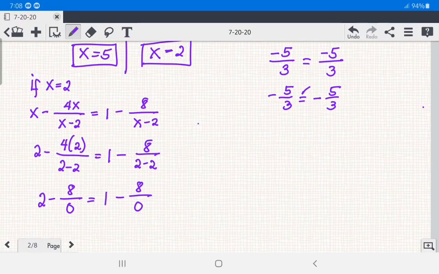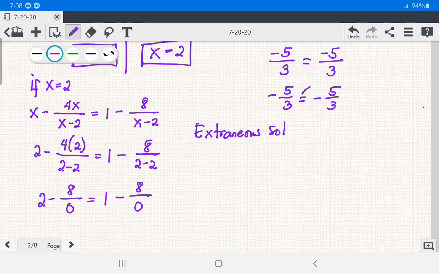Okay? So, when we say extraneous solution, or root, this is a solution, okay?